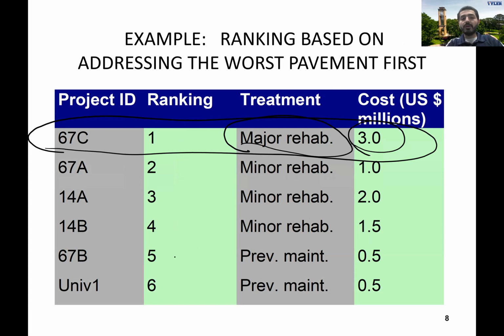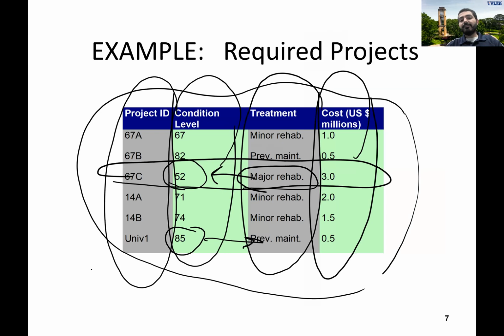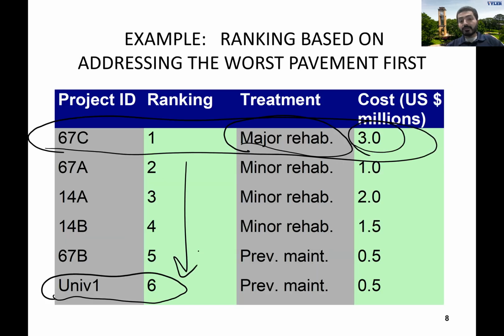And then the list would go on all the way to University One, and that had a PCI of 85, if you recall, right here, and that's why it's ranked the lowest. That needs a preventative maintenance, needing $500,000 to do the project.